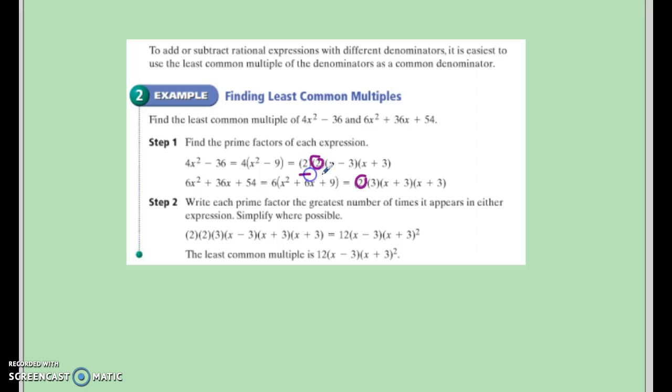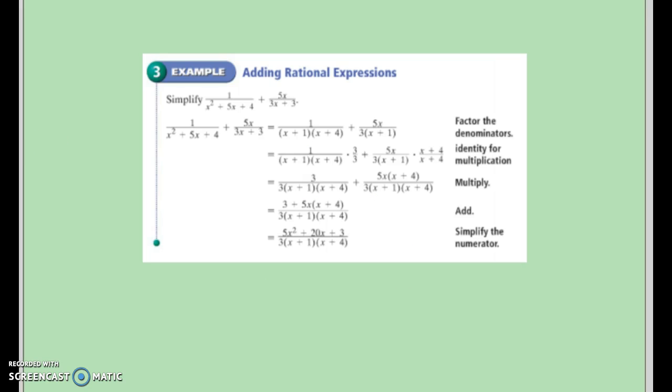So I've got 1, and then the circled ones count as 1, and then there's my 3. Okay, so then I've got an x minus 3 right there, and then I have an x plus 3 and an x plus 3. And again, these are the same between the two, so I only write it once. So that's what I've got here, and then my extra x plus 3. So then I can simplify and find the least common multiple.